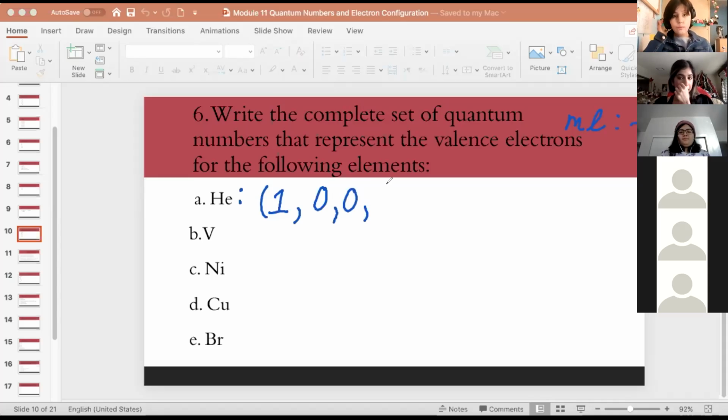Okay. And next we have M sub S, so that is the spin. So electrons can have how many spins? 2. Positive and negative, what value? 1/2. Yes. So we base this off of our orbital diagram, right? So what does our orbital diagram look like for helium?